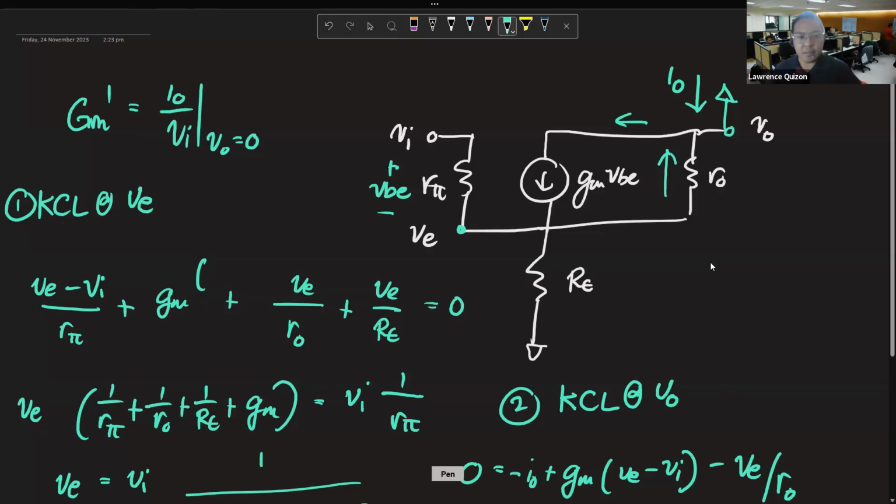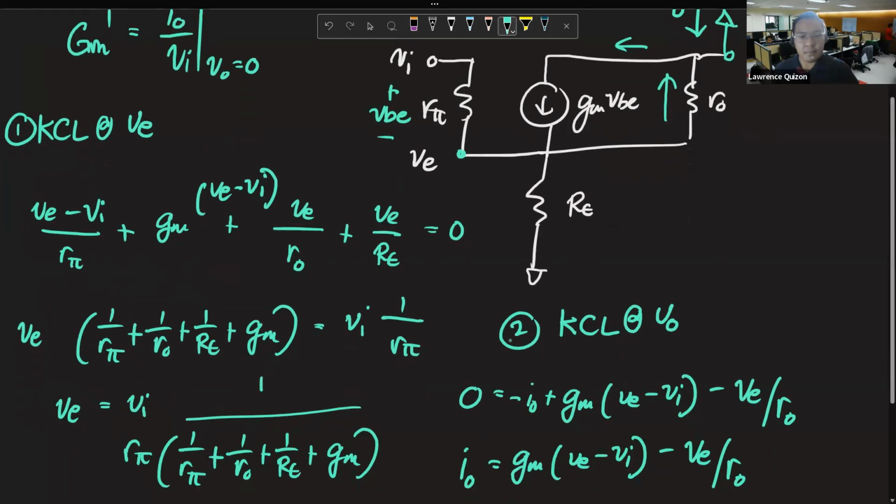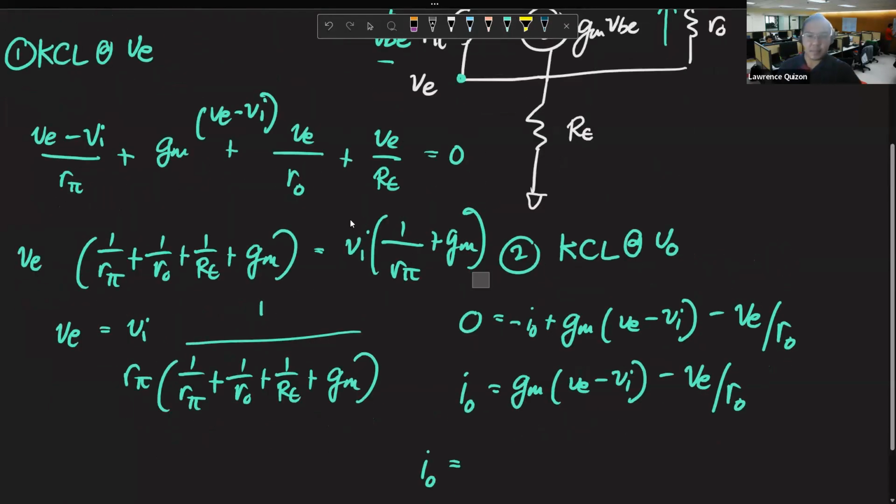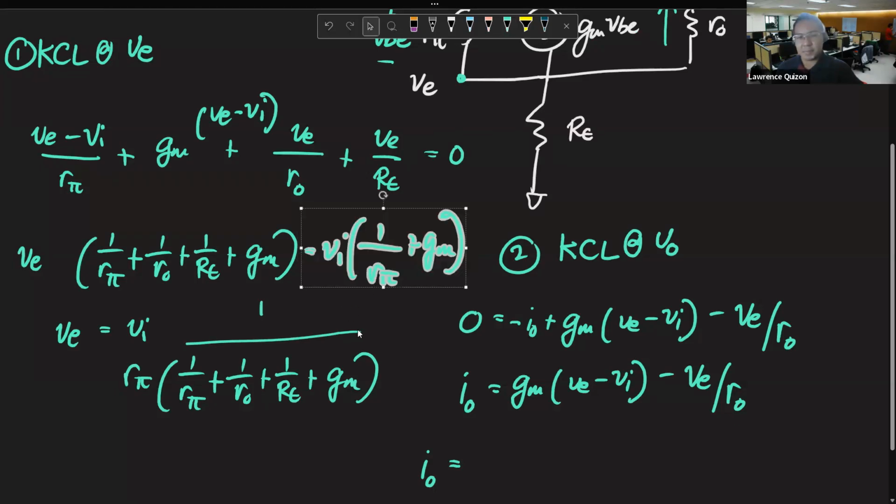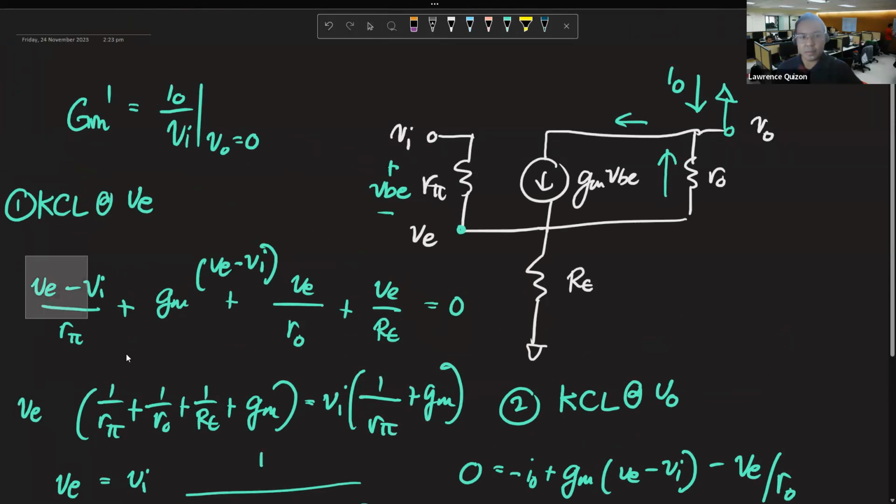R VE minus V in. Meron tayong plus GM dito. Right? So VE minus V in. Ito yung nangyayari kapag kinopy-paste mo no? Sorry about that. GMVE minus V in. Hindi, V in minus VE dapat to.